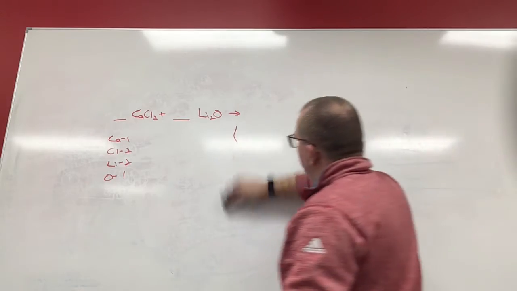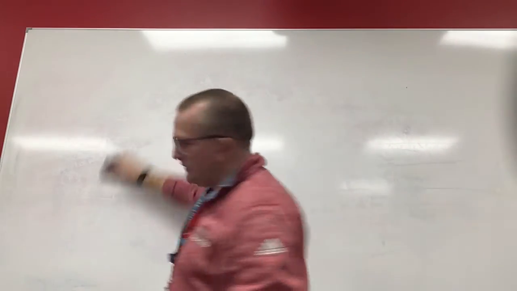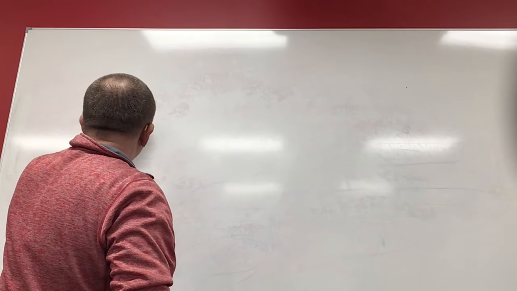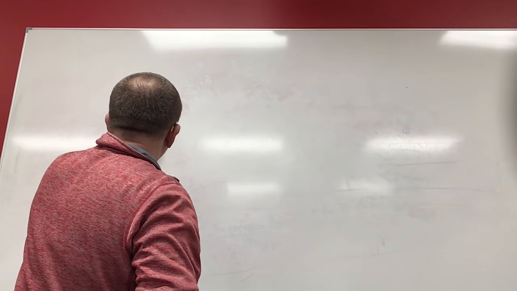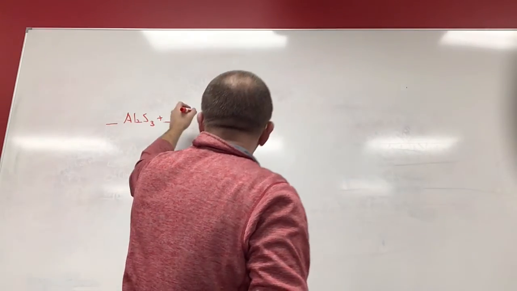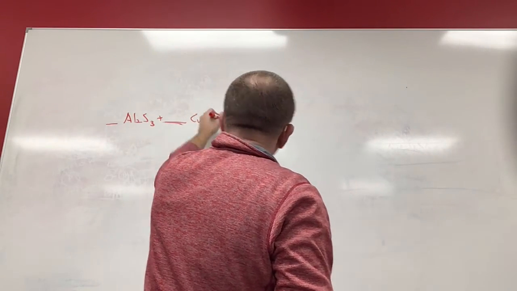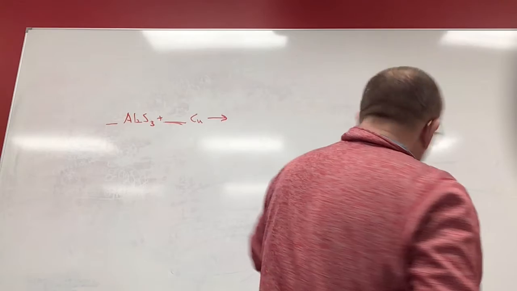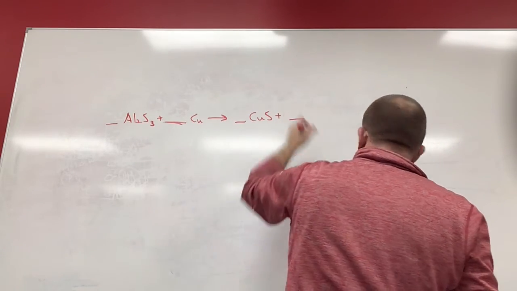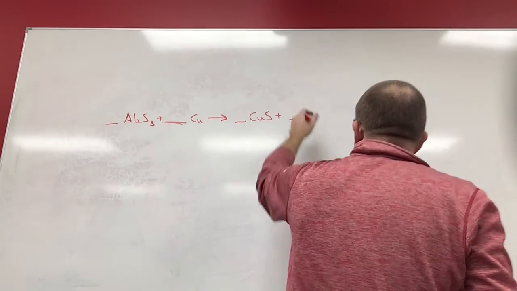Okay, look at letter B. B, I got aluminum sulfide plus copper makes copper 2 sulfide plus Al.